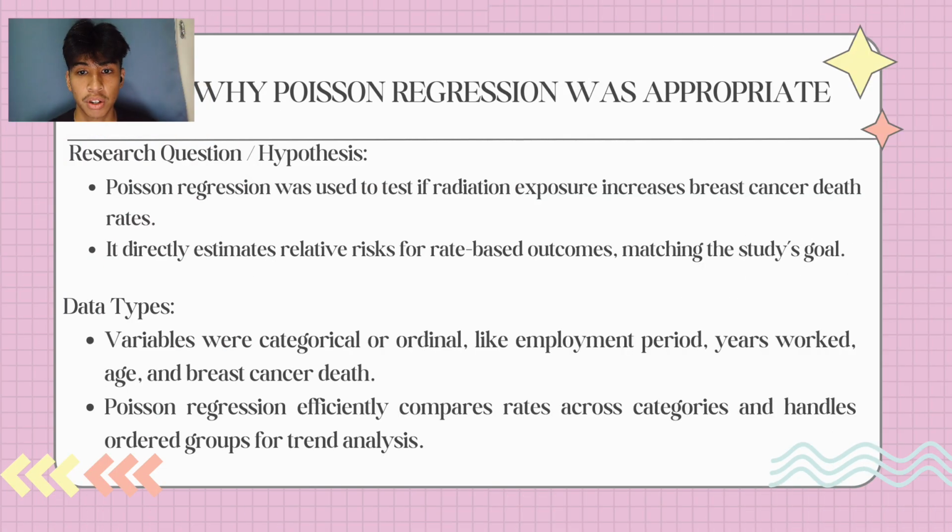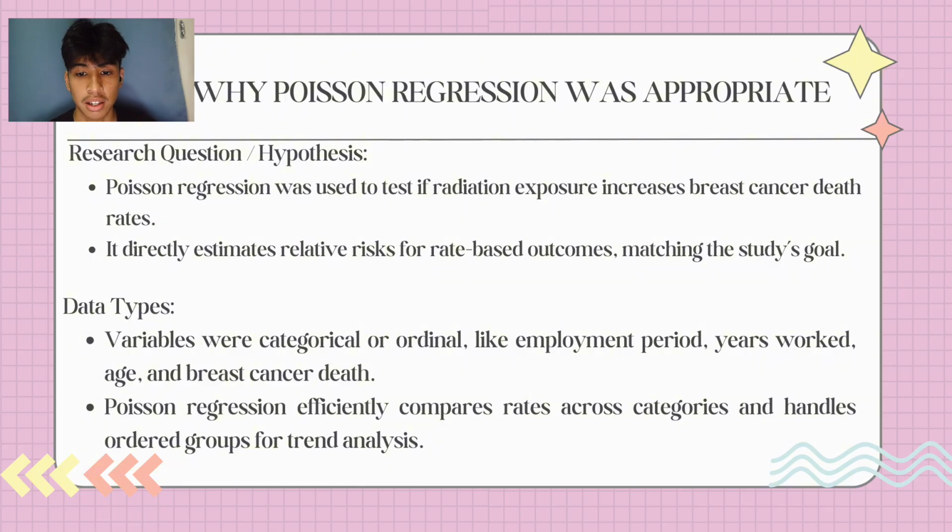Why Poisson regression was appropriate. For the research question, Poisson regression was appropriate because the study aimed to test whether radiation exposure increased breast cancer death rates. The model directly estimates relative risk for rate-based outcomes, which fit the research's goal. Looking at the data types, the variables were mainly categorical or ordinal, such as employment period, years worked, age, and breast cancer death.